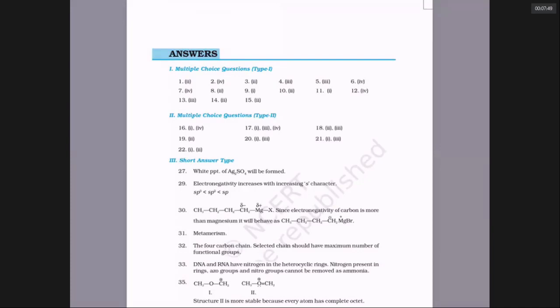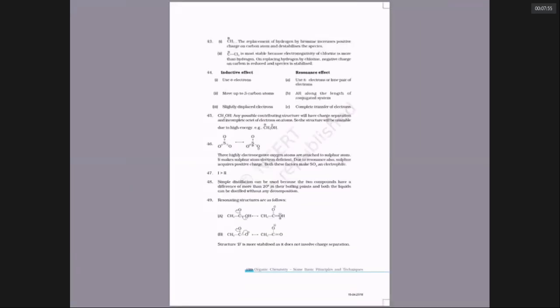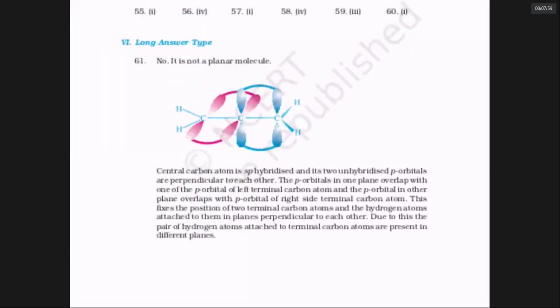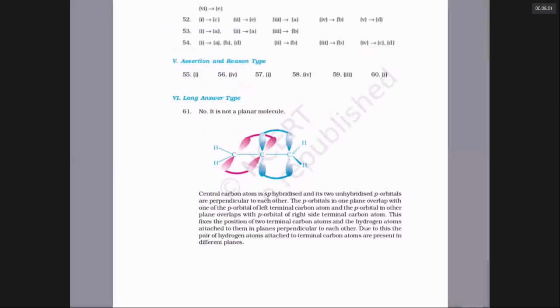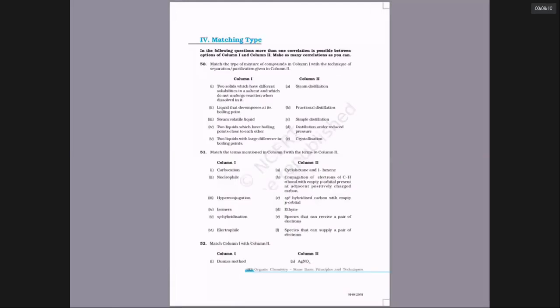Otherwise, for short answer and long answer questions, the answers are very clear and precise. So when you are preparing these books, you should prepare even the long answer questions because you are preparing for boards also. So these 2 books you should do thoroughly: one is NCERT, one is this book.